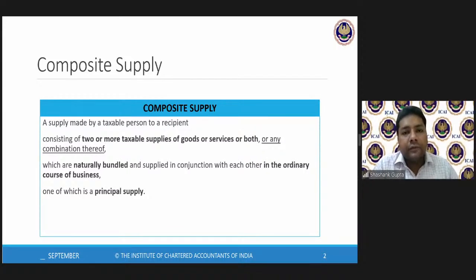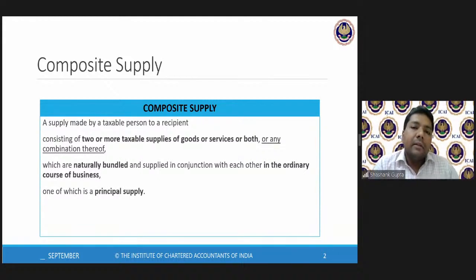And Schedule 2 of GST, what role does it play? Schedule 2 of GST prescribes what transaction will be treated as supply of goods and what transactions will be treated as supply of services. Now, we had also discussed why there is a requirement of distinguishing between supply of goods and supply of services.